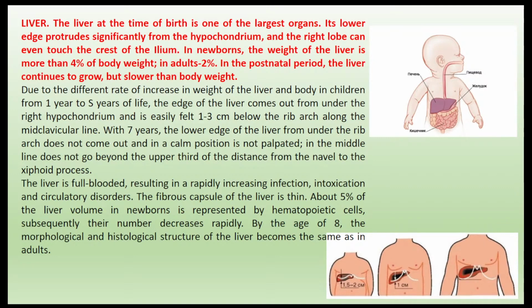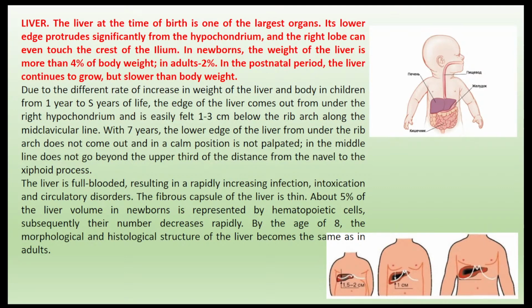In the postnatal period, the liver continues to grow but slower than body weight. Due to the different rate of increase in weight of the liver and body, in children from 1 year to 5 years of life the lower edge of the liver comes out from under the right hypochondrium and usually lies 1 to 3 centimeters below the rib arch along the medial clavicular line.